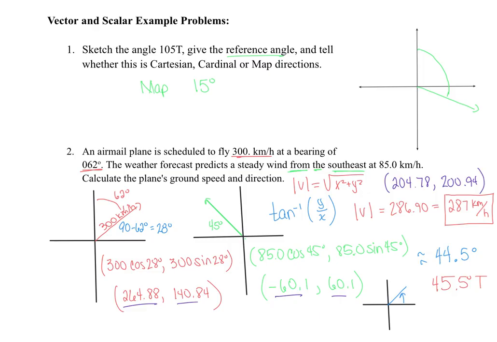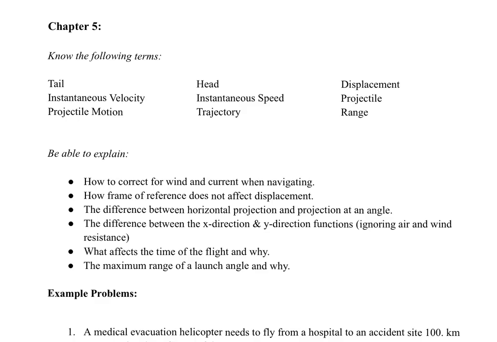To indicate that you have a bearing or a true north position, you can put that T. Typically you can just put the T, or you can write a bearing of 45.5 degrees. But you do need to do it from true north, and it has given it to you from the x-axis when you put it into your calculator. We have our terms: correcting for wind and current when navigating. Frame of reference does not affect displacement of the object.